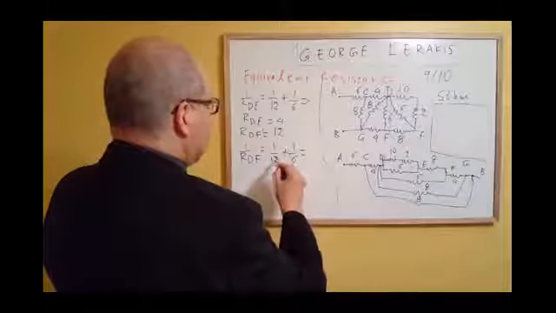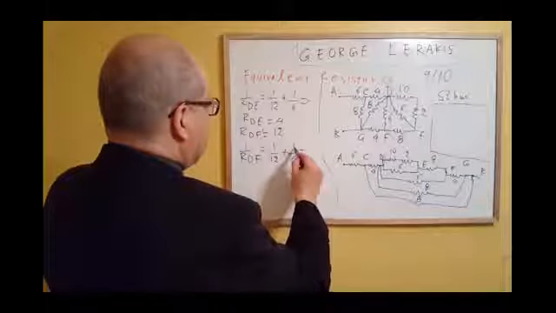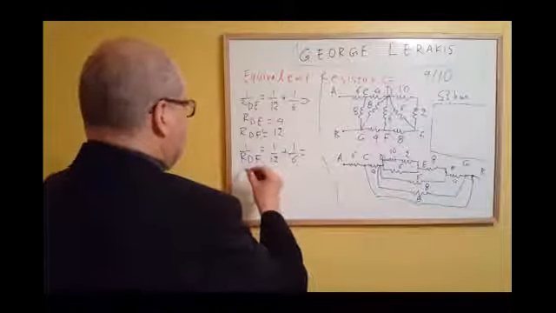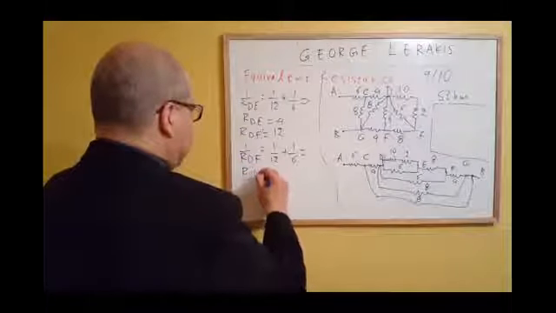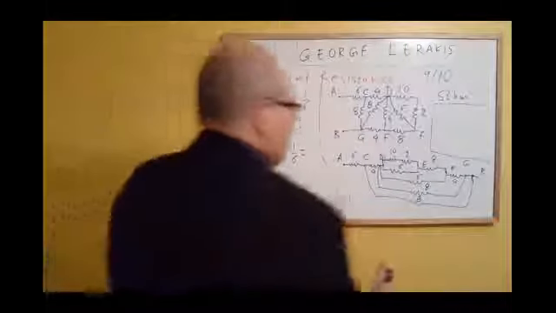Again here we multiply this by 2, so that should be 1 plus 2, 3 12s. So that means that RDF should be 12 over 3, which is 4 again.